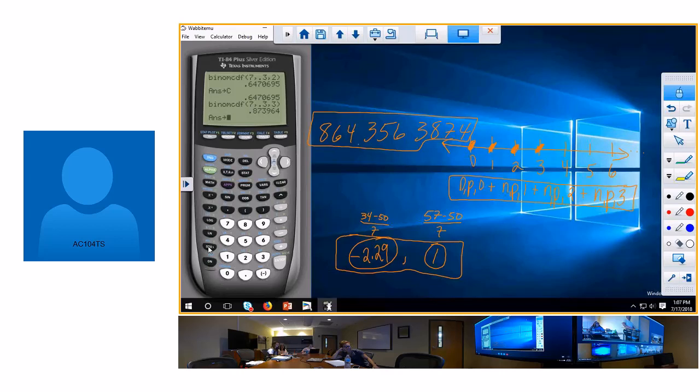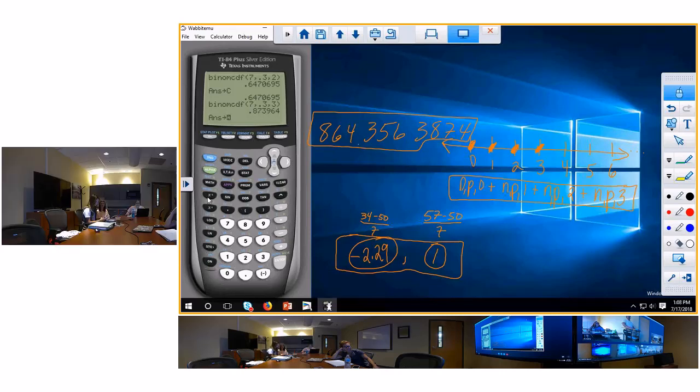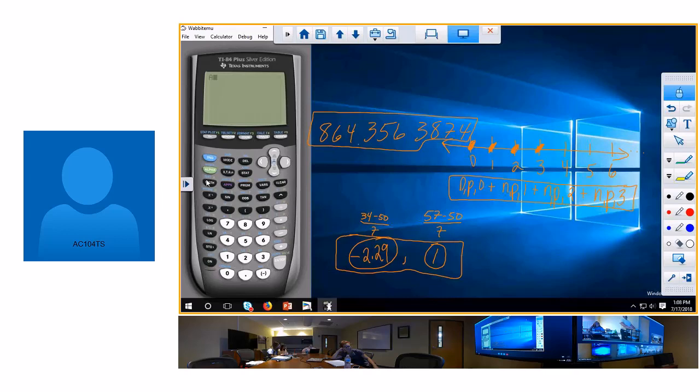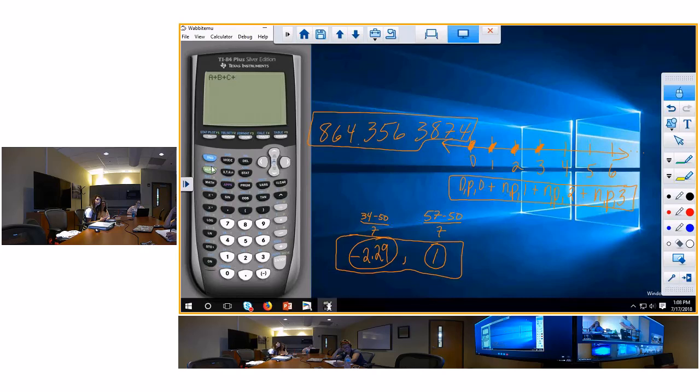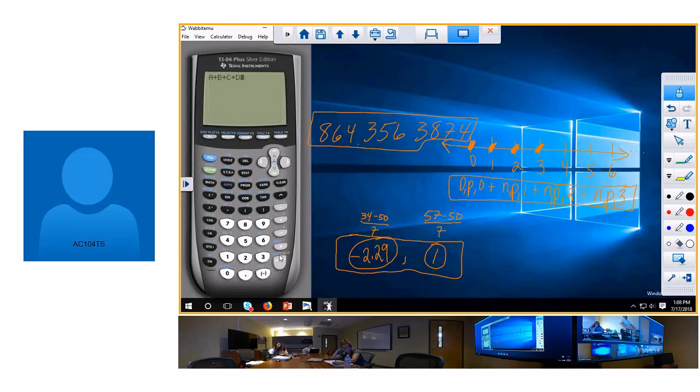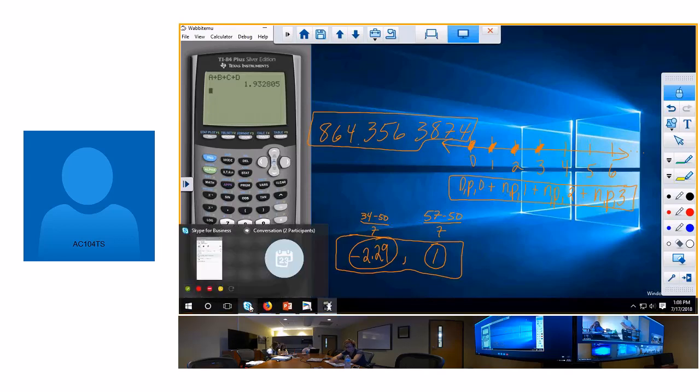Store, alpha, D. Clear, alpha A plus alpha B plus alpha C plus alpha D equals 1.9328. I don't think that's right.